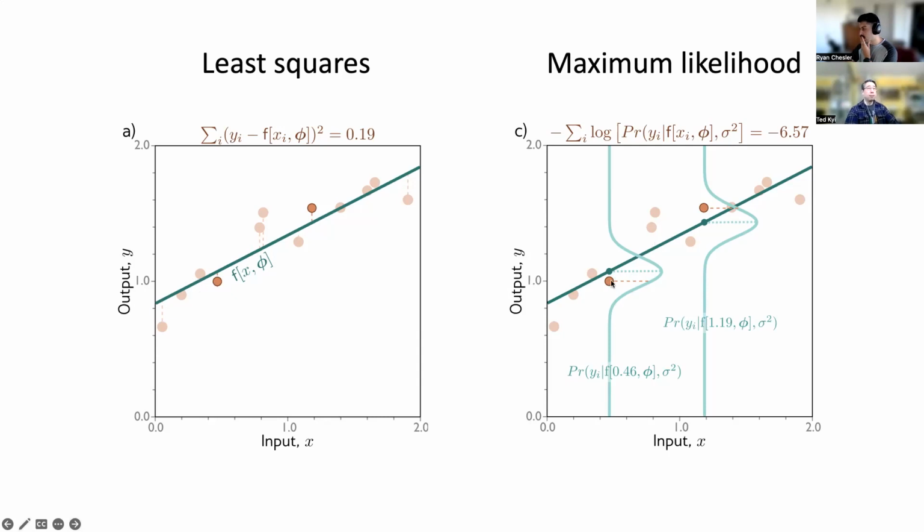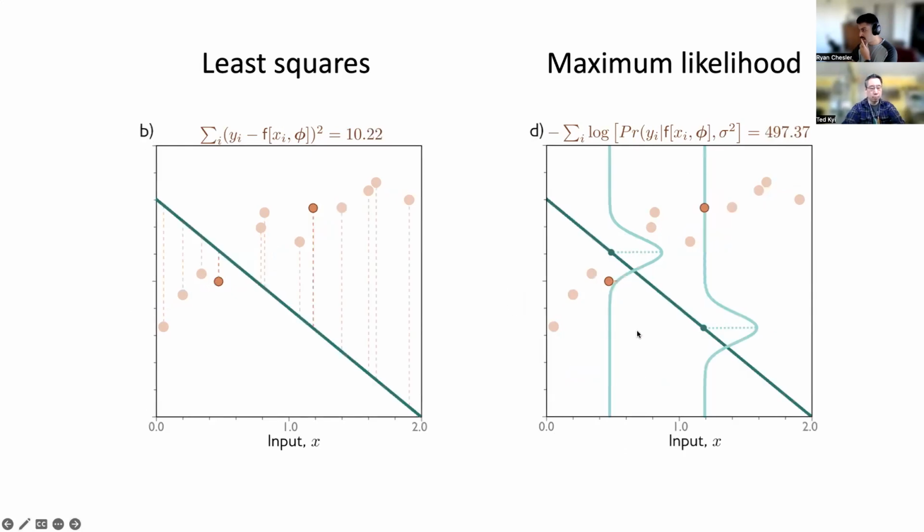And so you can see that this is looking at it like we were talking about before. So given an X, what is the distribution of possible outcomes? And so this one looks pretty good, but if we go to this one, we can see that the results are much worse. So this is one that isn't as well fit, and you can see this is how it looks on least squares.